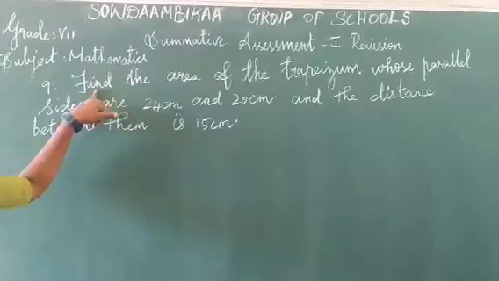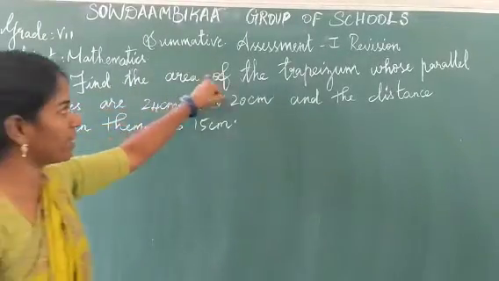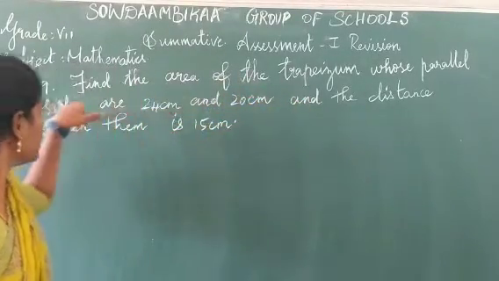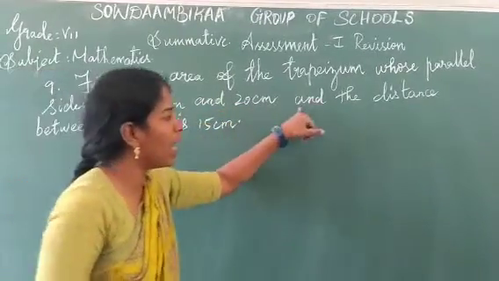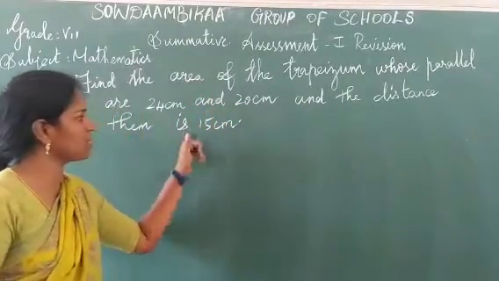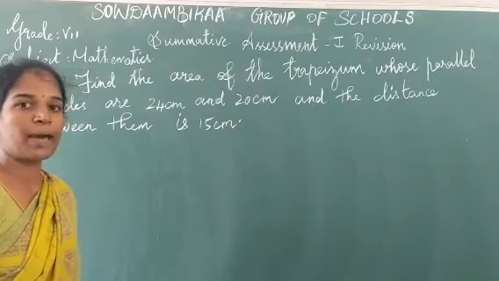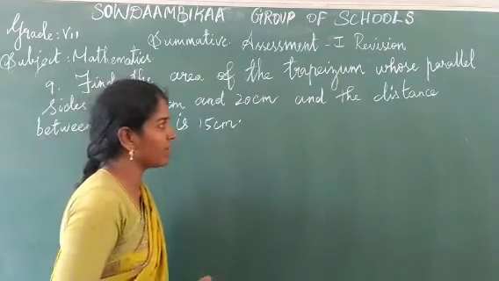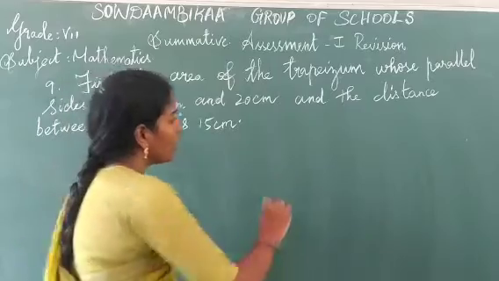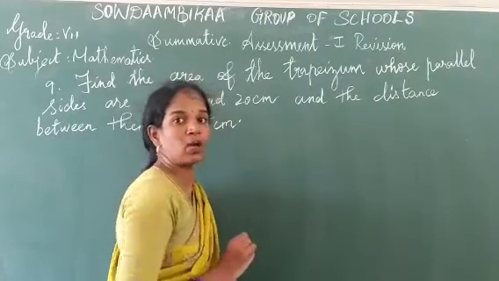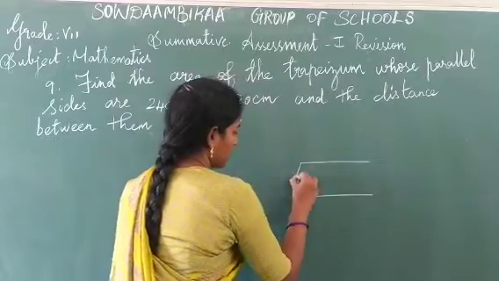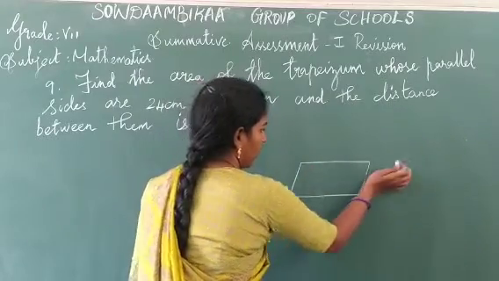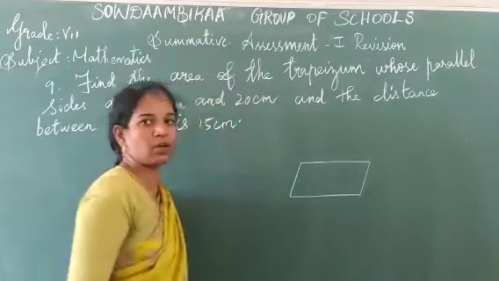Okay. Find the area of the trapezium whose parallel sides are 24 centimeter and 20 centimeter, and the distance between them is 15 centimeter. You know the parallelogram is very simple here. What is a parallelogram? Two parallel sides are equal. That is a parallelogram.